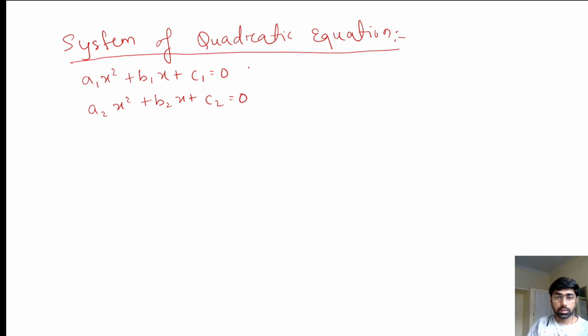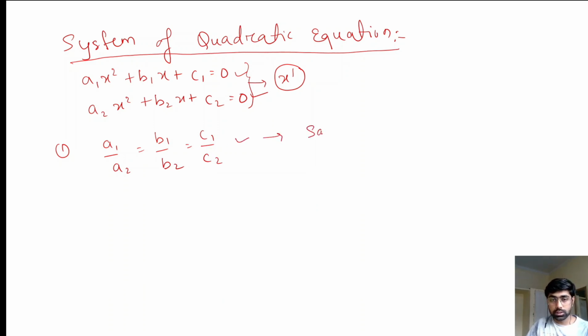If we say that this system has a solution, it implies that we will get an x dash which satisfies both the quadratic equations. Now we have two conditions on this. If a1 upon a2 equals b1 upon b2 equals c1 upon c2, and if this condition holds, then we can say that they have the same roots.